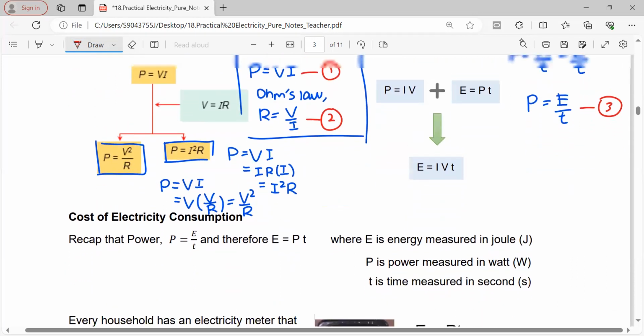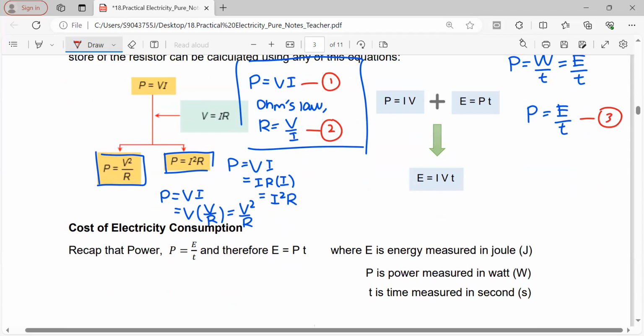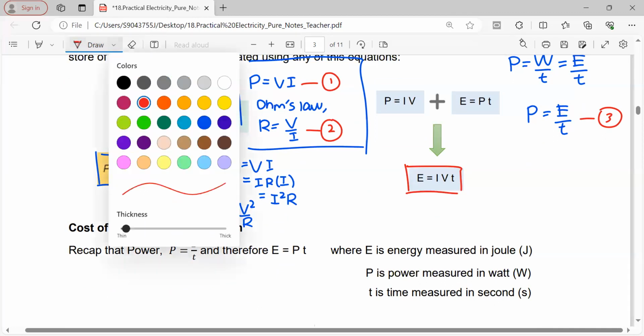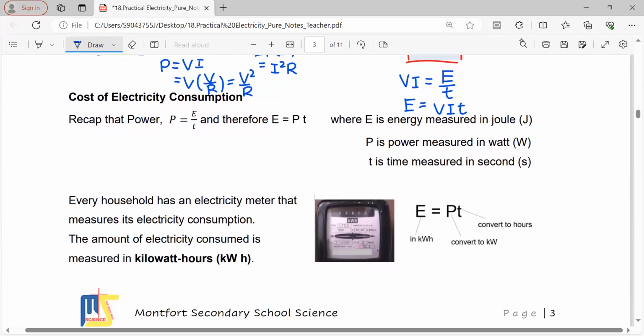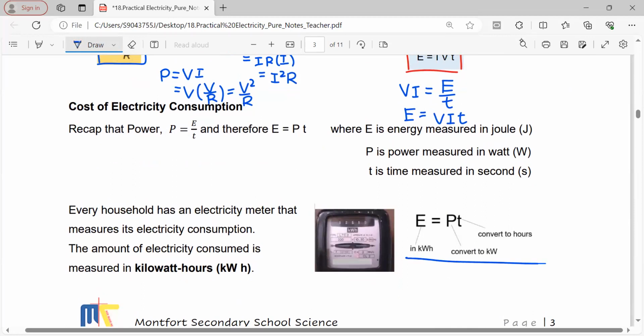Combining equation 1, P equals VI, and equation 3, we get VI equals E over T. Using equation 1 and 3, you get E equals VIT.